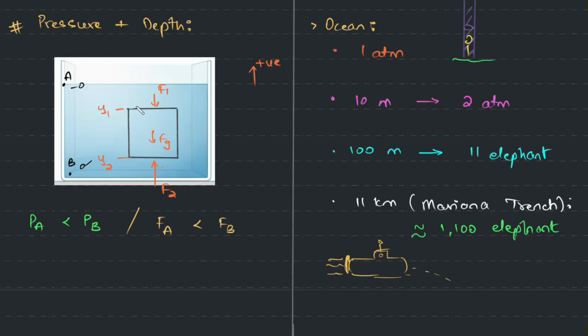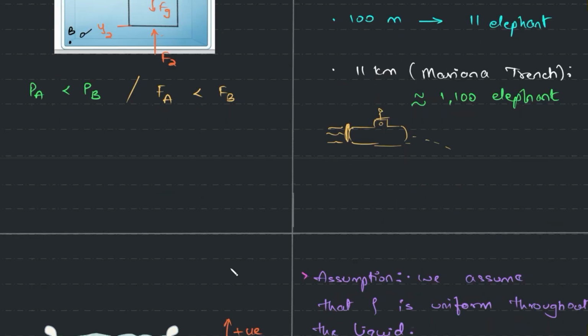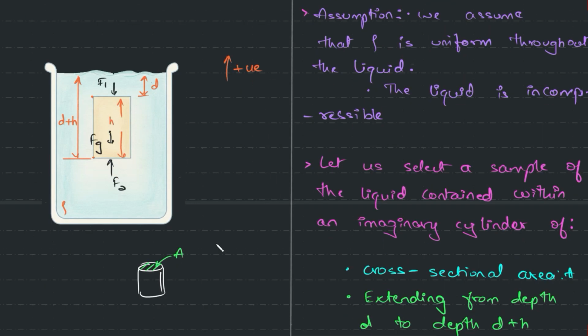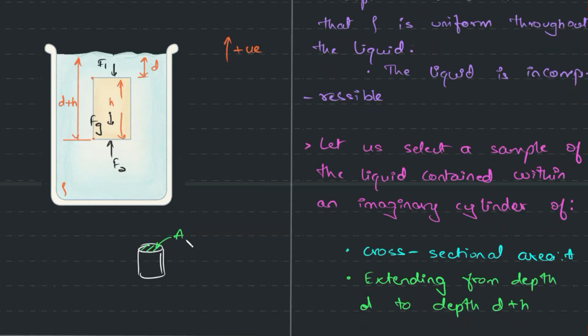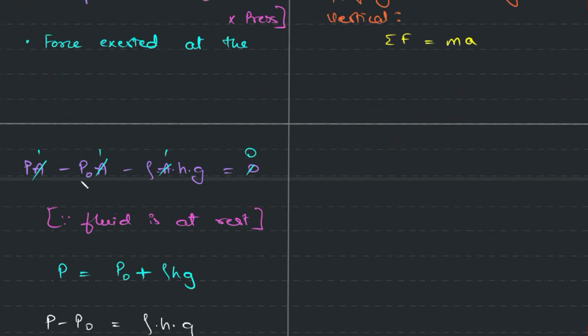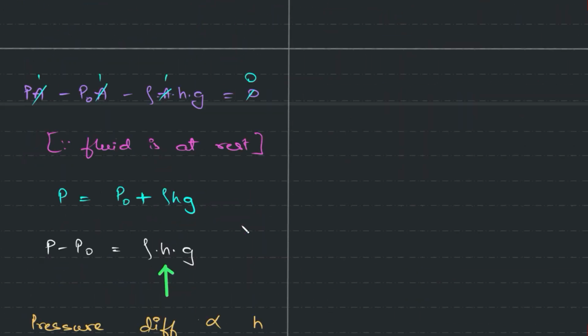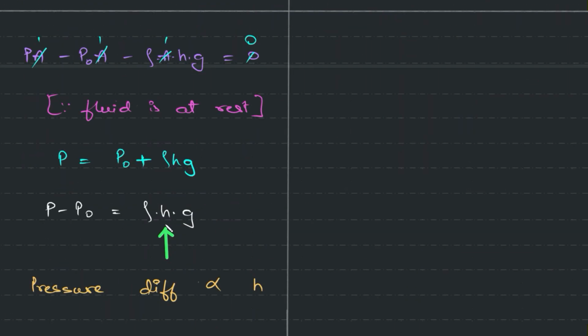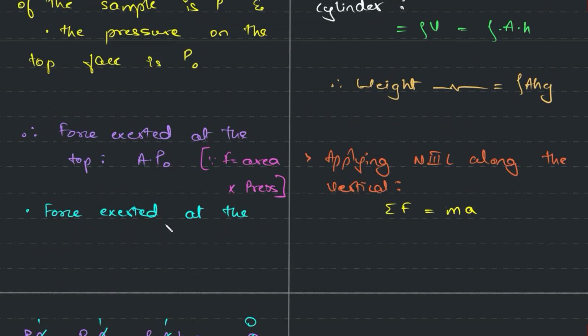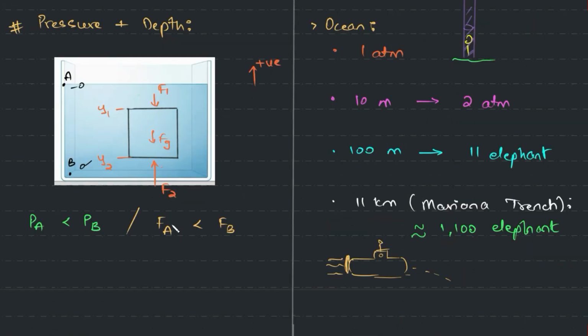So take a section of water and look at all the forces acting along the vertical direction. We are assuming that the density is the same throughout the liquid. It's the same liquid, a standardized liquid. We looked at the forces, used Newton's third law, substituted this set of values, and we automatically get the difference in pressure as rho gH, H being your height. The pressure difference depends on the height, how deep we are.